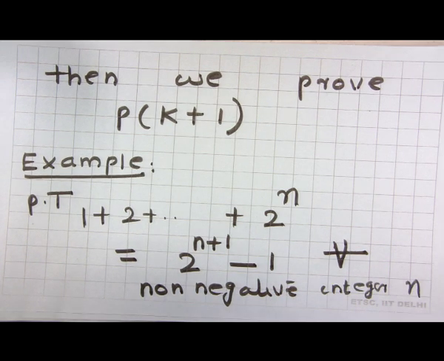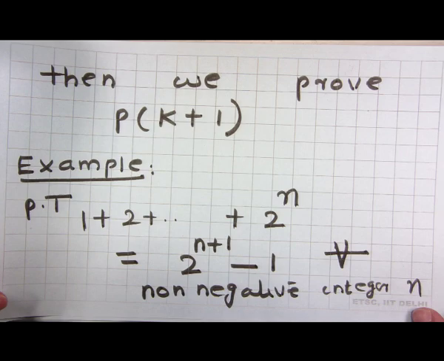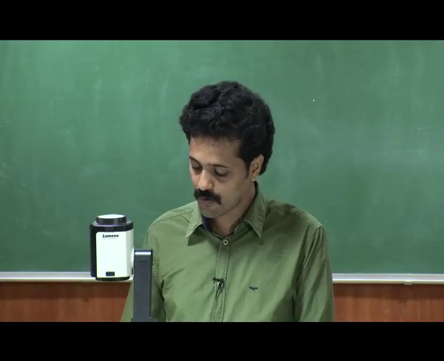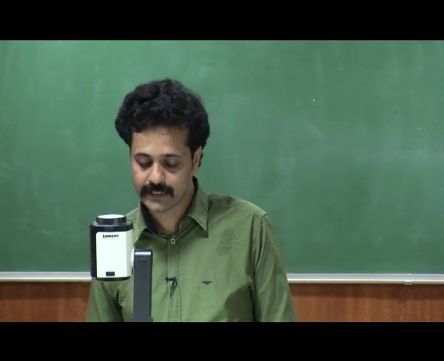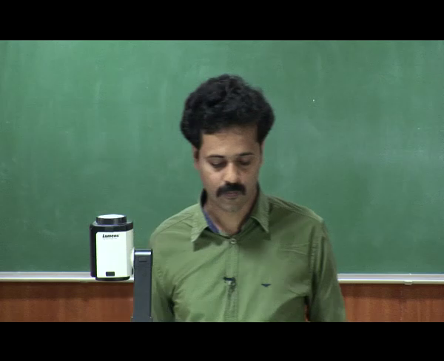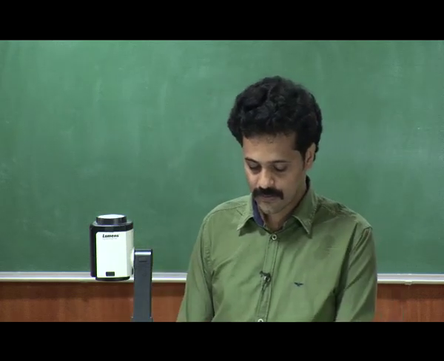Unlike the other two examples where we were asked to prove it for every natural number, here we are asked to prove this summation formula for all non-negative integers. That means starting from n equal to 0.